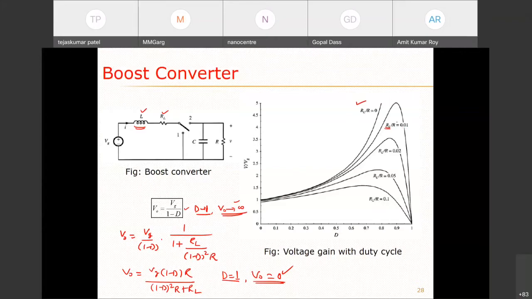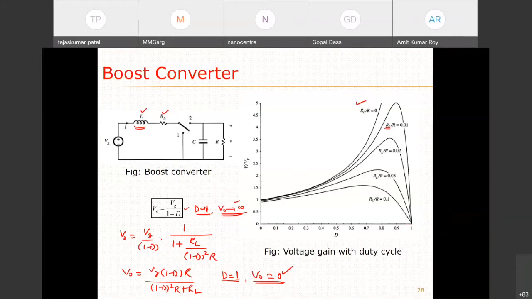So both things are totally different, right? In fact, it's not like you can keep on increasing the duty cycle and it will provide any voltage you want. Here in this curve, ideally when RL is 0, it approaches infinity.